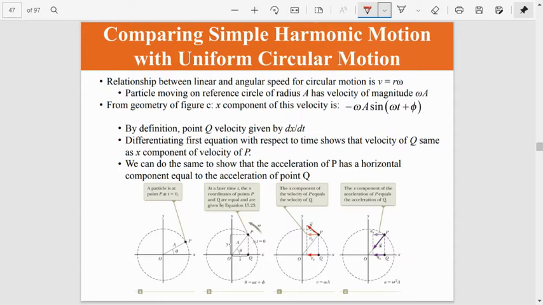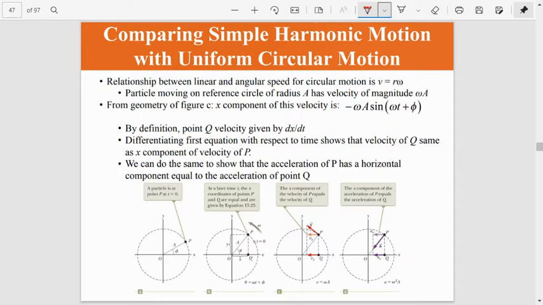So a bit more discussion here, but essentially you can get the velocity of the shadow if you look at the velocity vector of the particle and take the horizontal component, and you can do the same thing with the tangential acceleration and get the horizontal component of that.